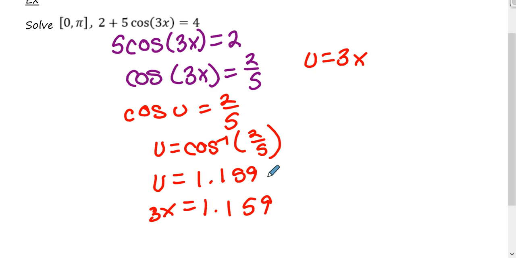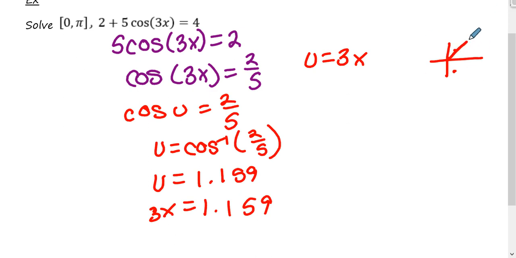Okay, but I also have to go back and look at, so from here, cosine is 1.159 radians. So that's about here. So that's also about here. So now I have to think about where that falls on the unit circle.